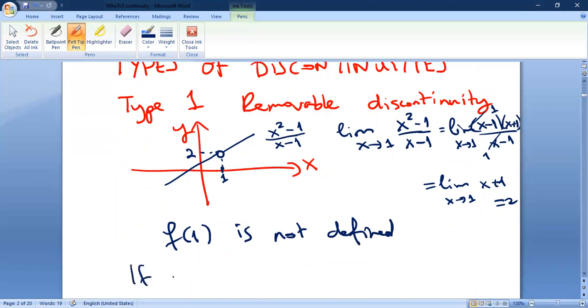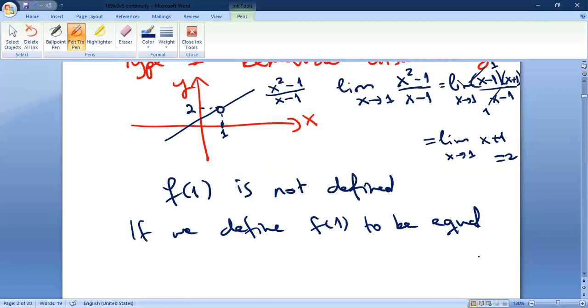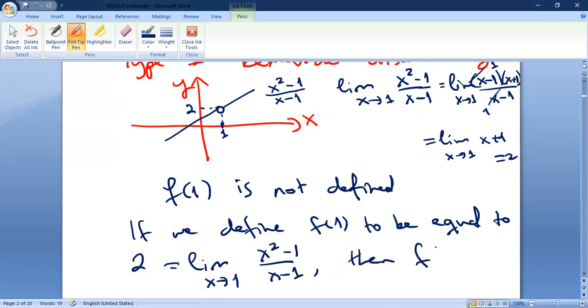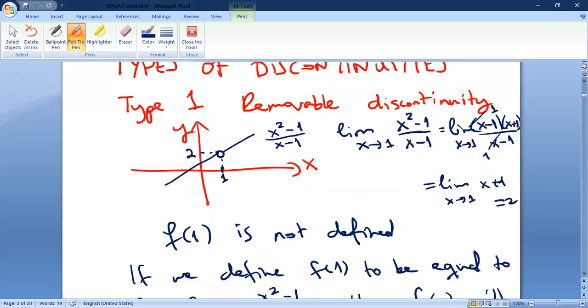So if we define f of 1 to be equal to this limit, which is 2, then we can make this continuous, where this 2 comes from the limit of the function. Then f will be continuous. So if we can make a function continuous just by a definition like this, then this is called a removable discontinuity.